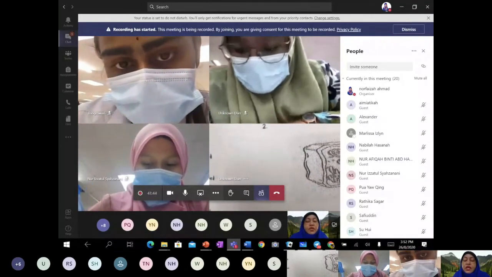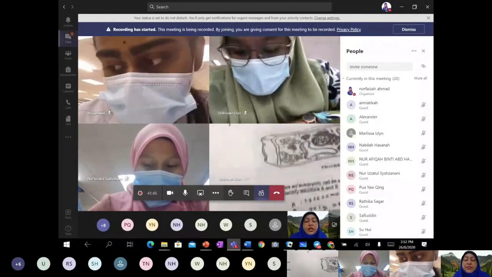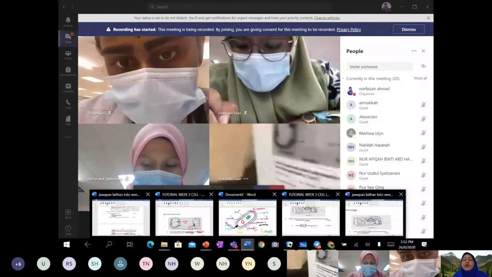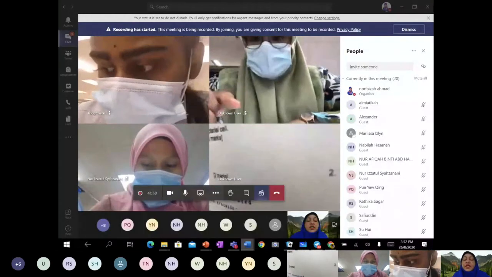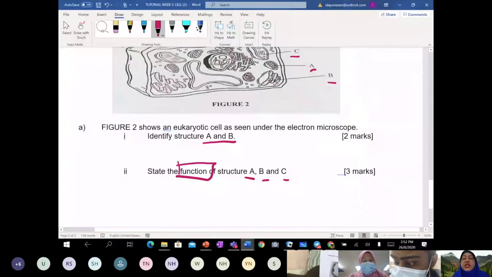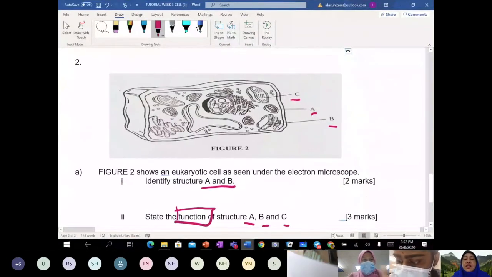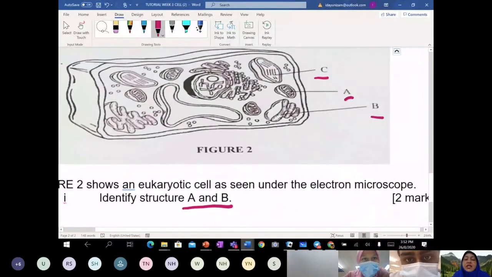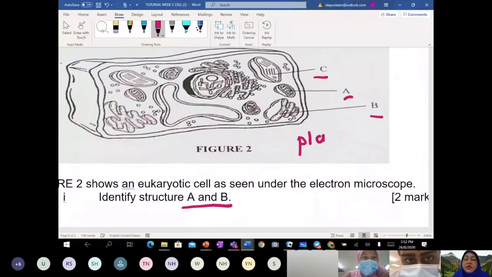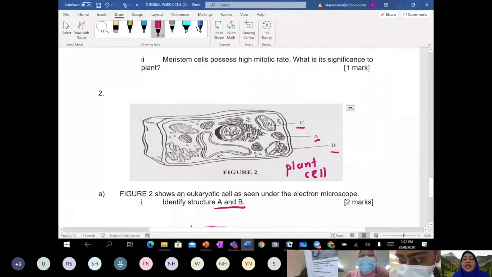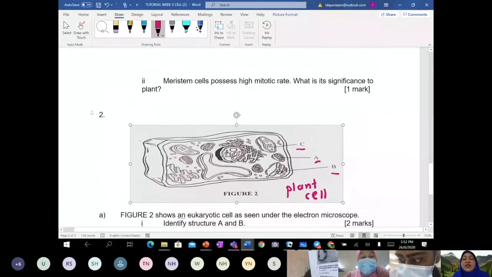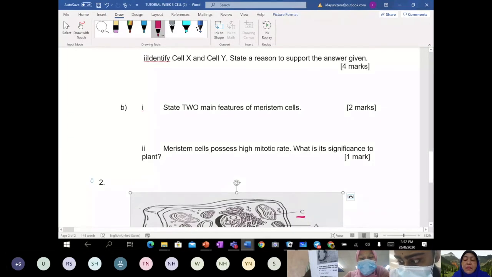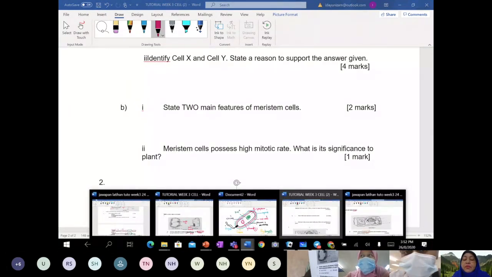Maybe from the diagram you observed the organelle shrink. It's not shrink actually. This is a plant cell. Just now, like teacher mentioned, does a plant cell have lysosome?